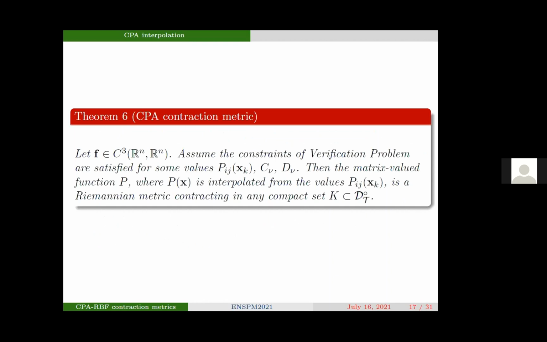Now, if the constraints of the verification are satisfied, then we would have a contraction metric in the area, which means we have P positive definite at every x, not only at the simplex vertices, and L_P being negative definite at, again, every point, not only the vertices.